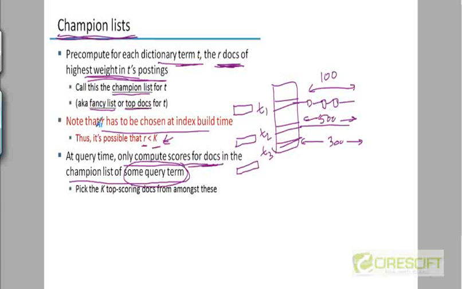Now, since the champion list is something chosen at index build time, we have to fix the length of the champion list in advance, right? So what happens if we choose a value of k? We want the top 100 documents, but a champion list has only 20 of them. And even if we take the union of the champion lists in all three of these lists, let's say there are only about 75 documents in these three postings lists which are marked as champion in at least one of the lists.